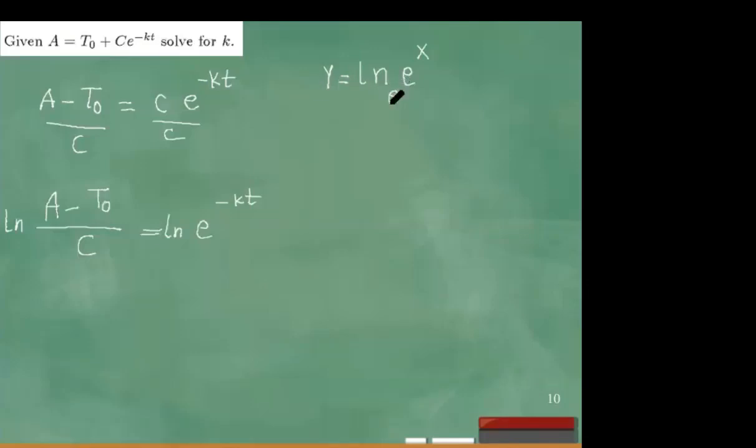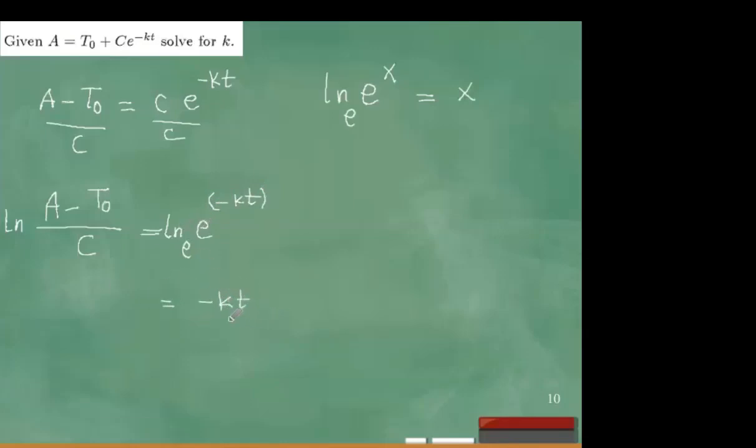If you recall, natural log of e to the power of x would be equal to x because the base is matching the e. That's exactly what we're doing here. And that's why we're taking a natural log of both sides, so we can bring this variable that you're solving for up front so we can solve for it. So this whole thing, your x would be minus k times t.